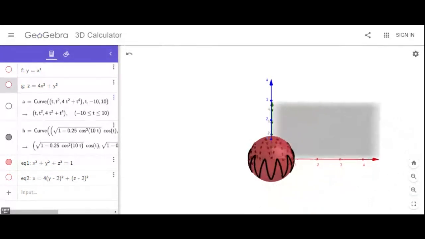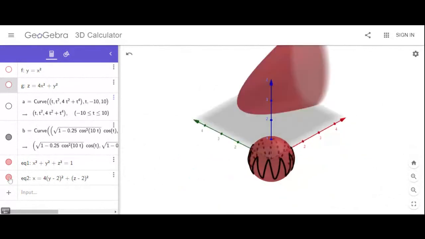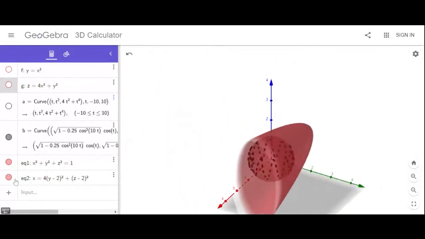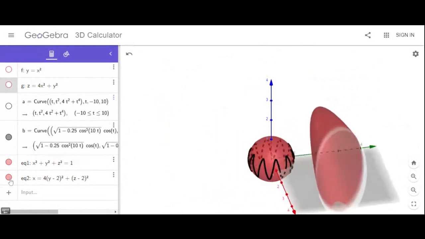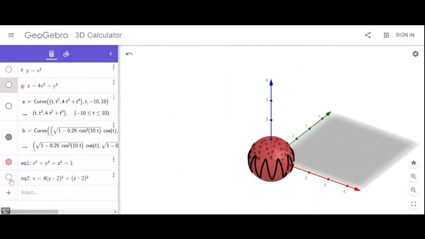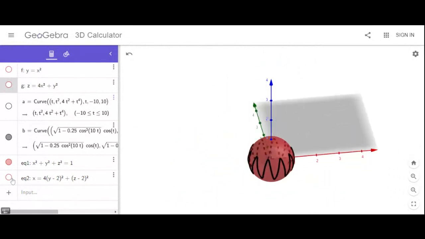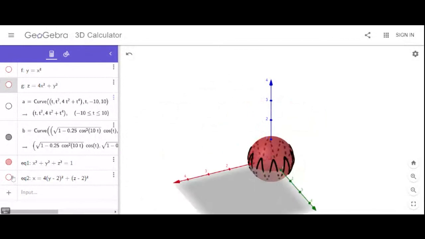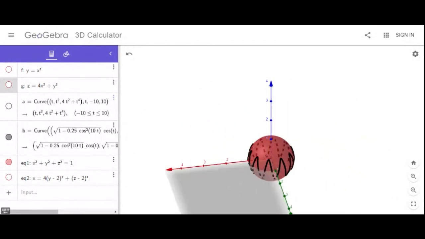The secondary function. This one? The secondary surface. Like the first one, the line was the intersection of two surfaces, or the two surfaces on this one.